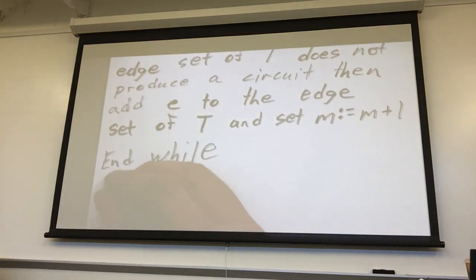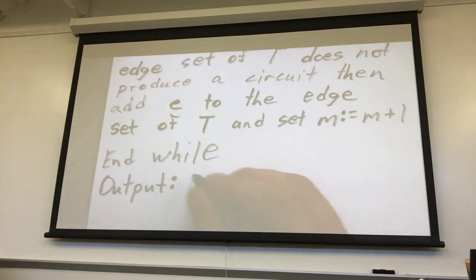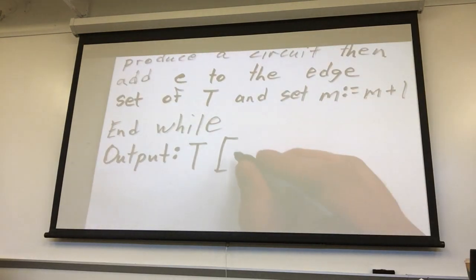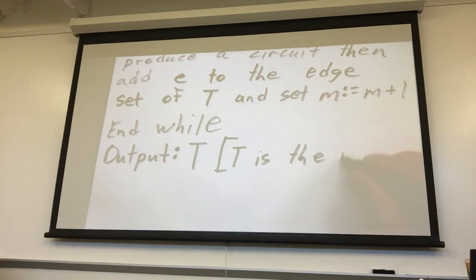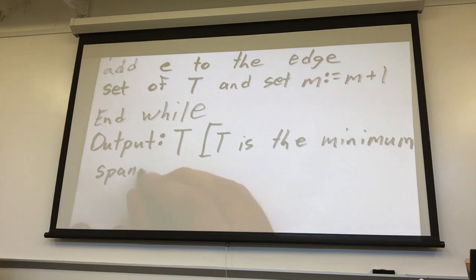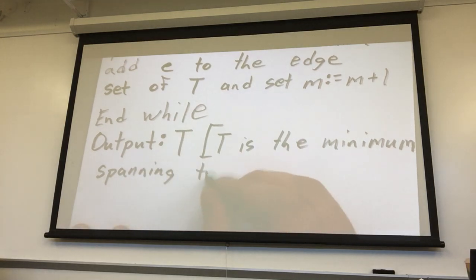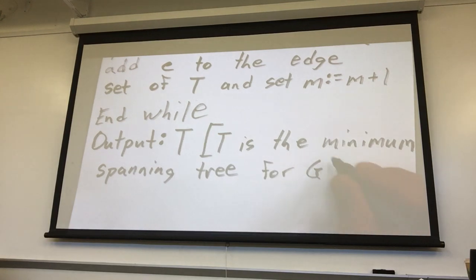Now after we end this while loop, the output will be T, where T is the minimum spanning tree for G. So that's just the definition of this.